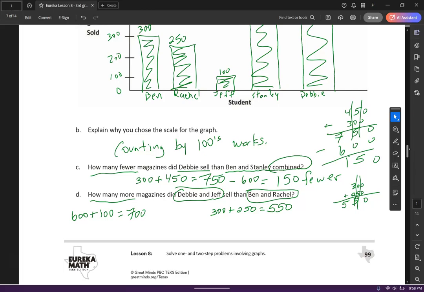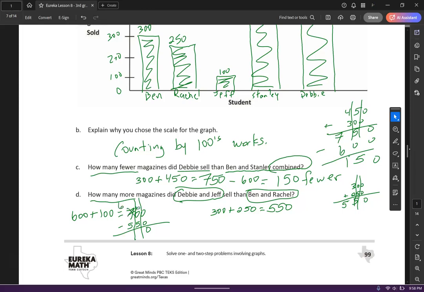So now I have to subtract. 700 minus 550. I can't do 0 minus 5, so my 7 is going to turn into a 6.